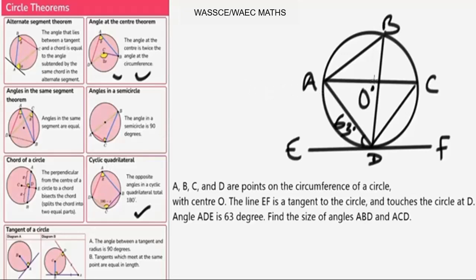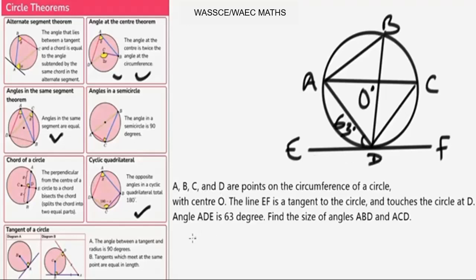Now, looking at this question, we're going to apply this rule: angles in the same segment theorem, because this is basically the rule we're going to apply. That's the kind of shape we have here. Now, the angles in the same segment theorem states that angles in the same segment are what? Equal. Since angles in the same segment are equal, that means we have our ADE to be 63 degrees.